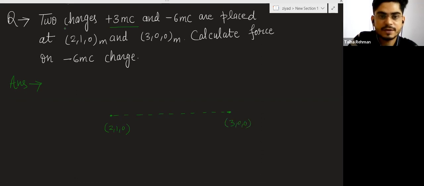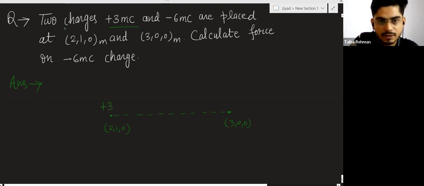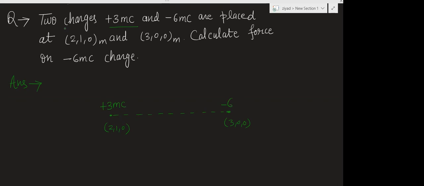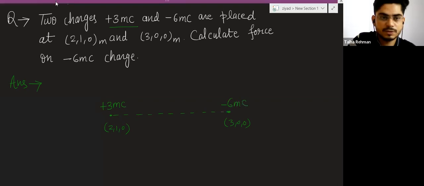This is just a rough diagram. Here the plus 3 microcoulomb charge is placed, and here the minus 6 microcoulomb charge is placed.